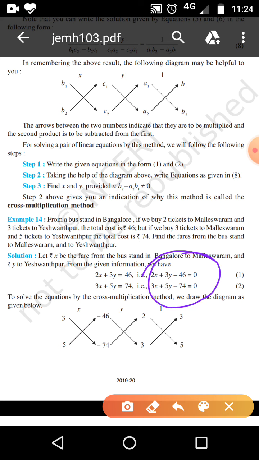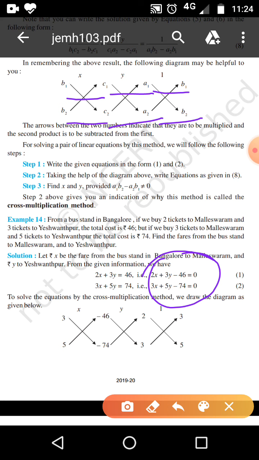The coefficients of x, y and the constant term are 2, 3, minus 46, and 3, 5, minus 74. So simply a1 b1 c1 and a2 b2 c2.